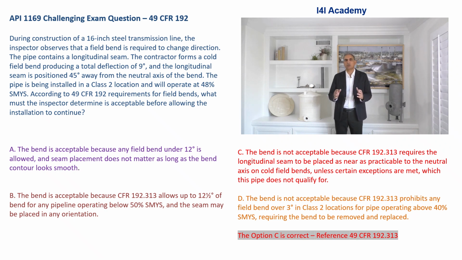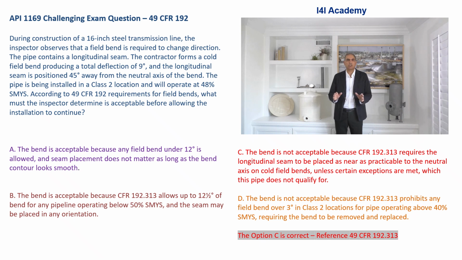Option C is the correct answer because it accurately reflects 49 CFR 192.313(a)(3). The regulation requires the longitudinal weld seam to be placed as near as practicable to the neutral axis of a cold field bend, unless the pipe is small enough or an internal bending mandrel is used.